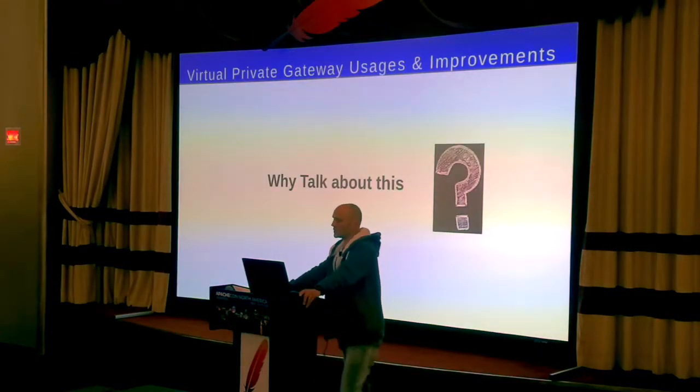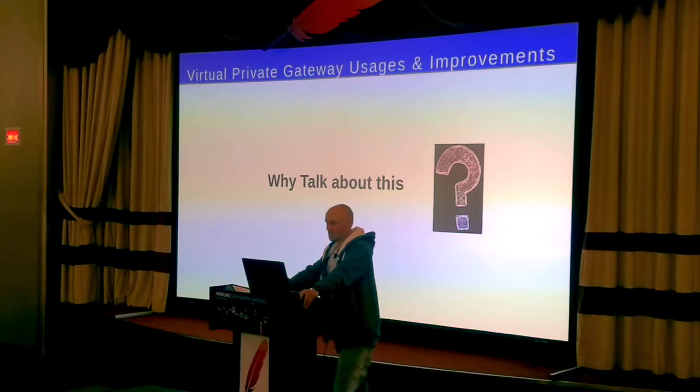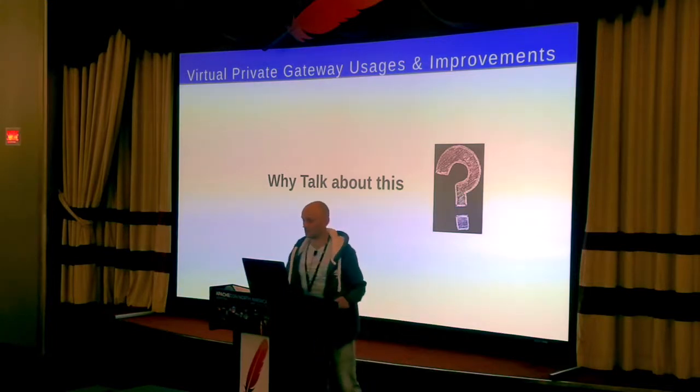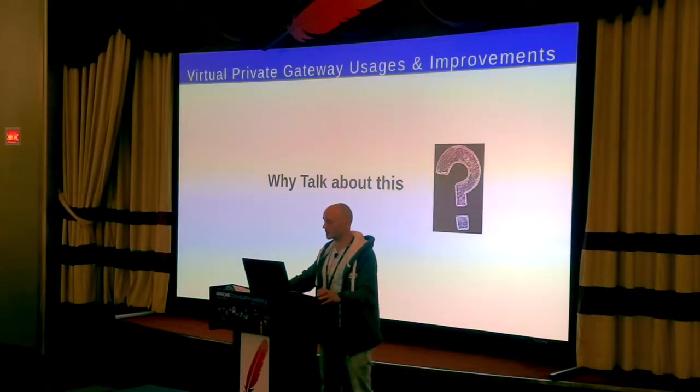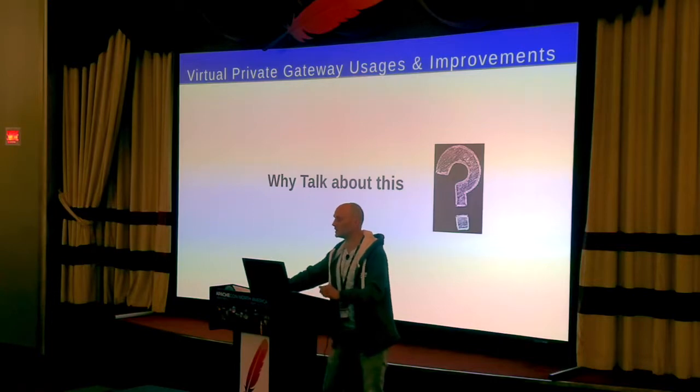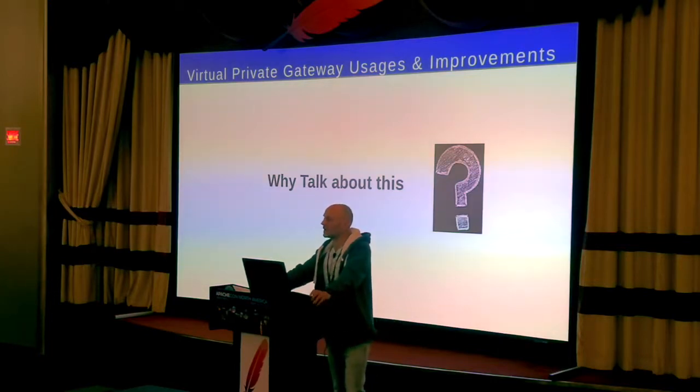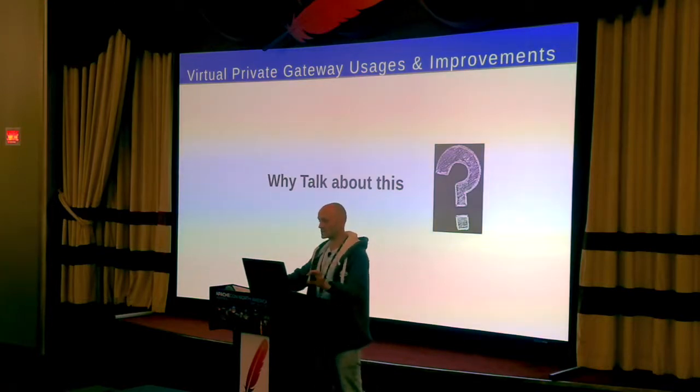So why am I doing this talk about the VPC private gateway and its improvements? Well, when I started as a CloudStack developer, I did a lot of investigation and research into just how CloudStack works, and specifically I investigated how networking and VPNs and VPCs work in CloudStack itself.